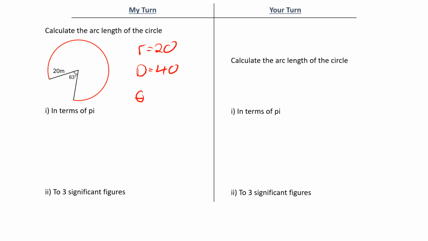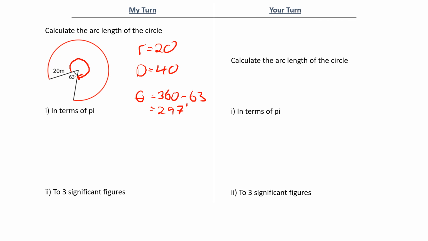We're not interested in that 63, we want that angle there. In a circle we've got 360, so we subtract out 63. 360 take away 63 you will get 297.